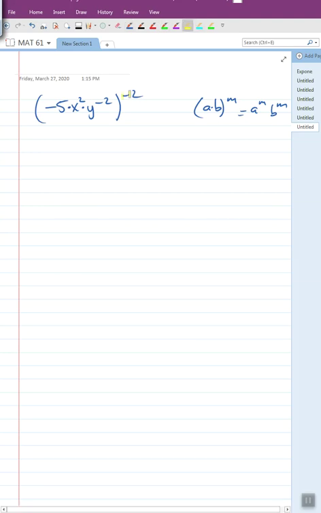So what should I do with this negative 2 power? I should apply it to all 3 things inside the parentheses. And would that look like this?